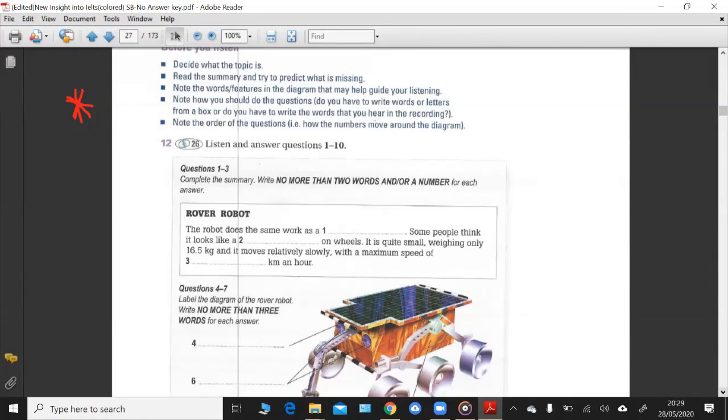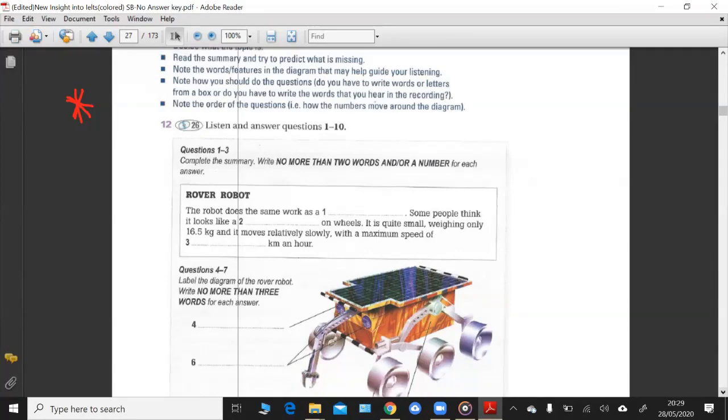And the second one, looks like a dash on wheels. It looks like a car or something like that. It's quite small, weighing only 16.5 kg and moves relatively slowly with a maximum speed of dash kilometers an hour. It's speed. So here you will write speed.